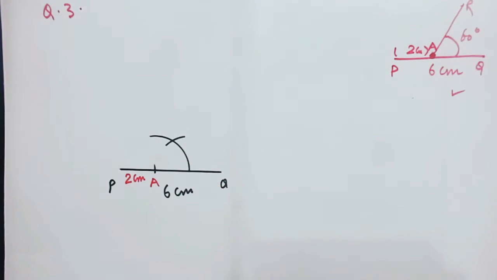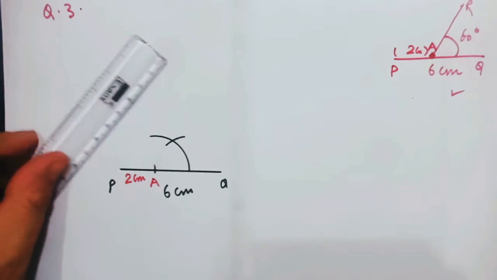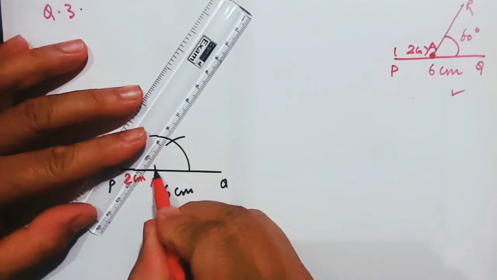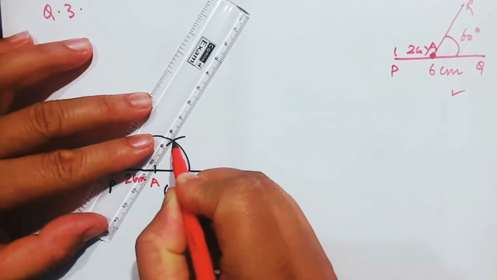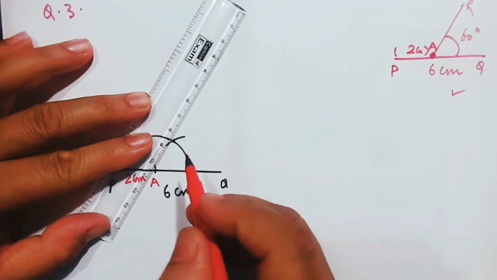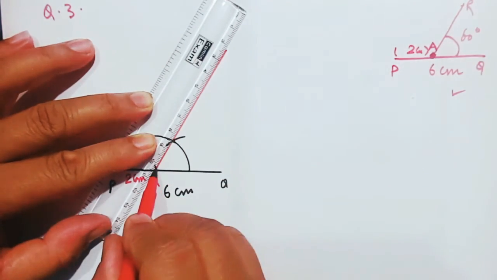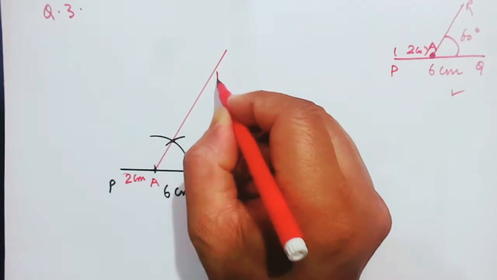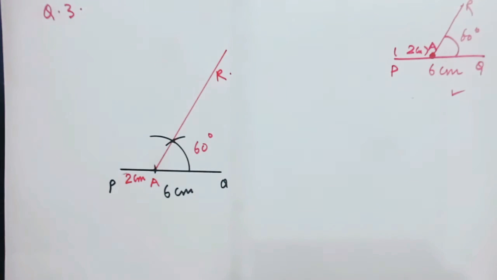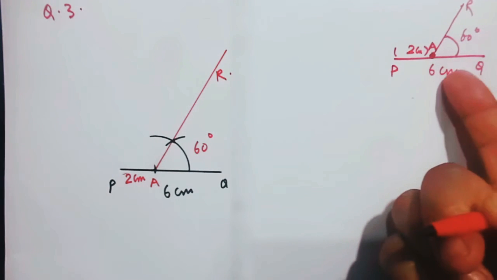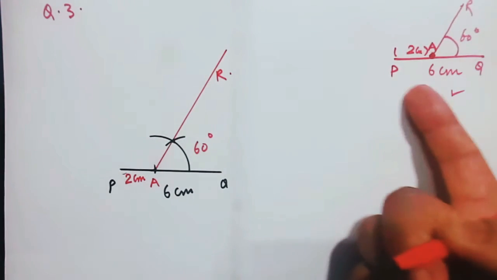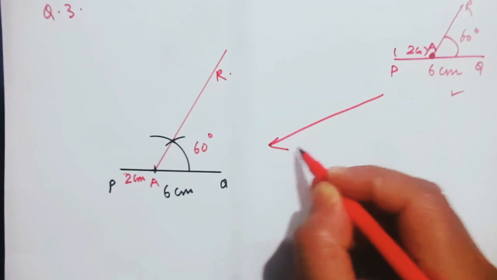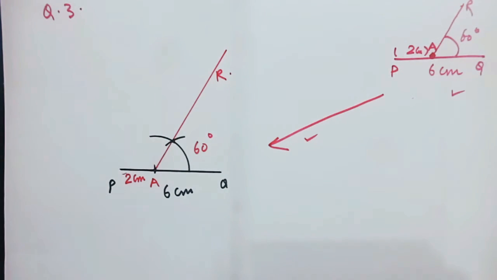This is my 60 degree, and again using the ruler I am going to join these 2 points, so that I get exactly an angle of 60 degree. So this is my 60 degree, this is my R. So what I have found is that the same thing we did in the rough diagram, we have now done properly and exactly.